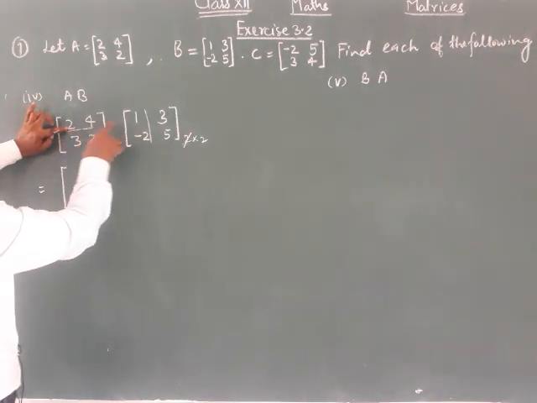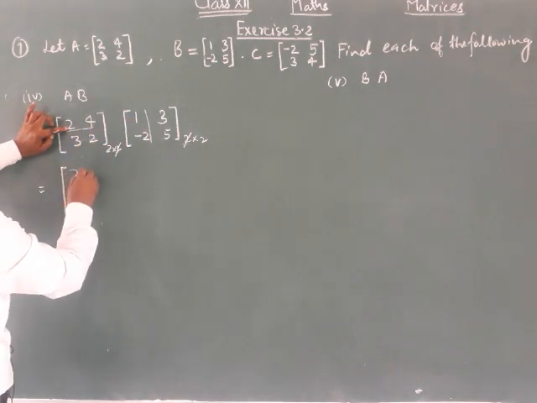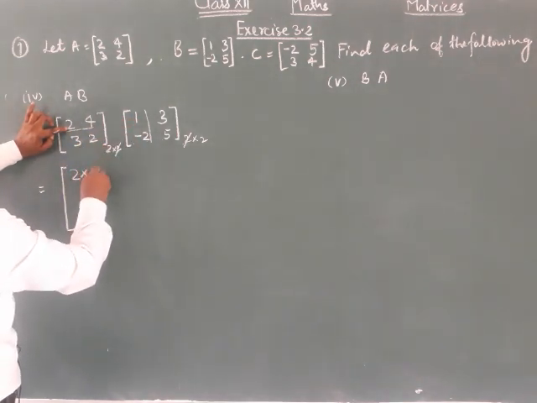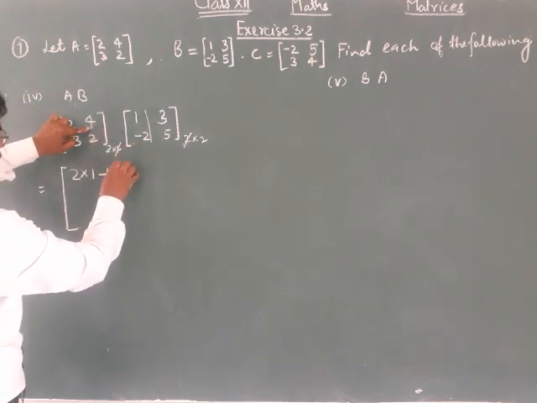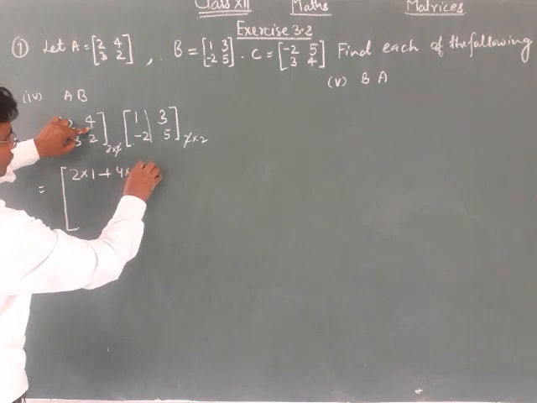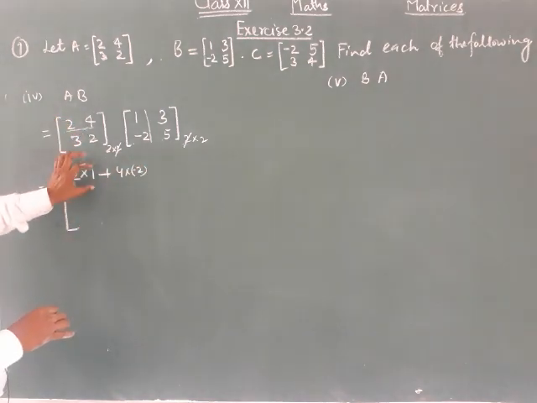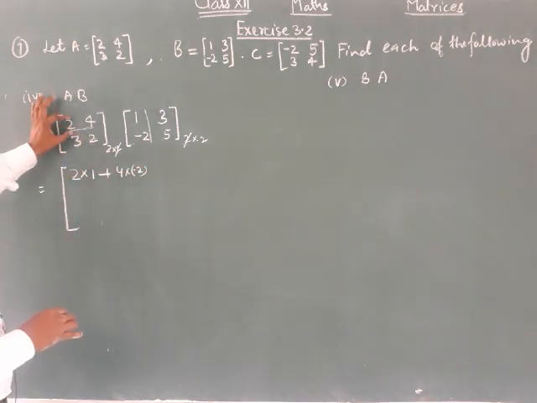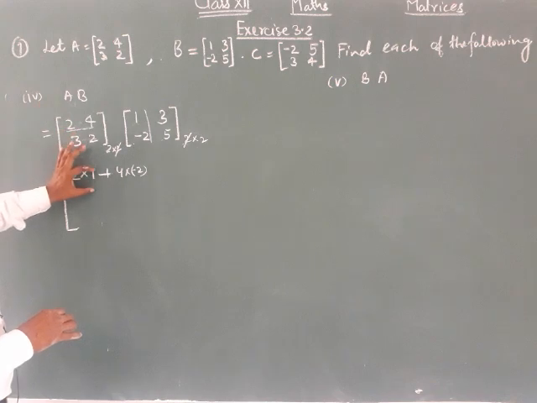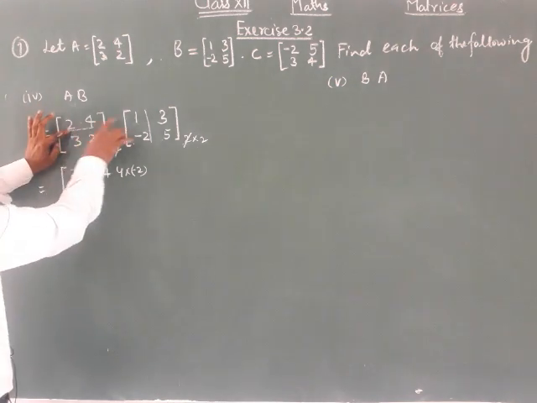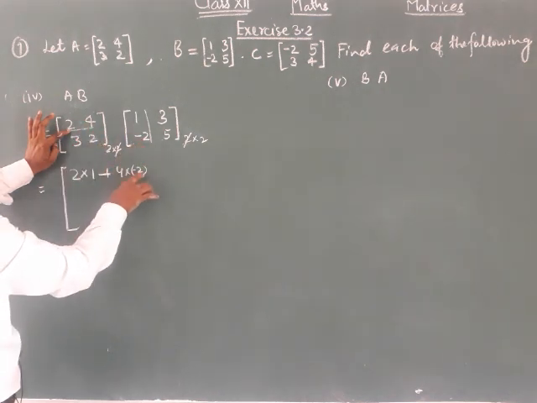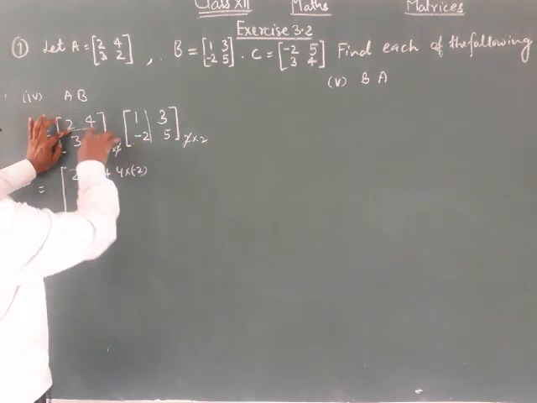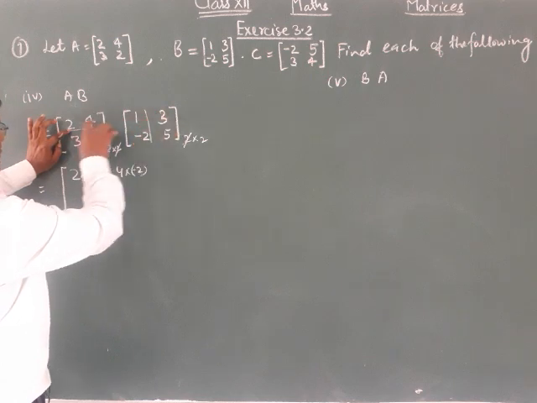So 2 multiplied by 1 plus 4 multiplied by minus 2. That is the first row, first element: 2 into 1 and plus 4 into minus 2.